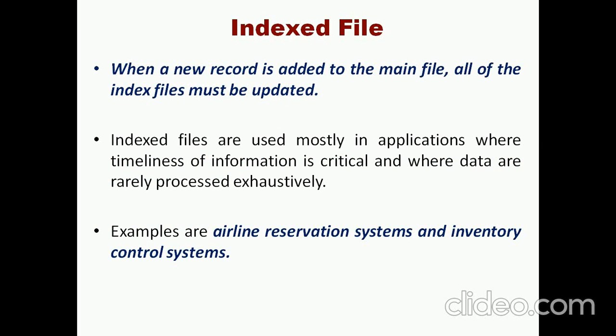Whenever a new record is added into the main file, obviously the index has to be updated because the index value will change. Well-known examples of this type of file organization are airline reservation systems and inventory control systems.